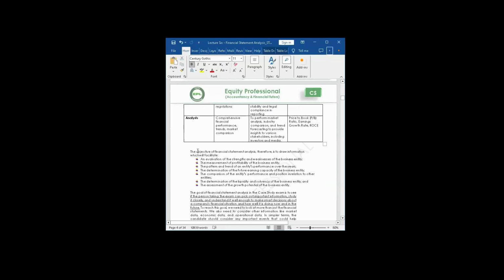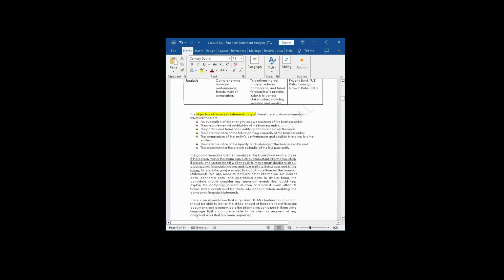So what are the objectives of financial statement analysis? What do we want to achieve? We want to evaluate the strengths and weaknesses of the business, like I've said the other time. Then we want to measure the profitability of the business. Is the business profitable? Then we want to look at the pattern and trends in the performance of the business over years.